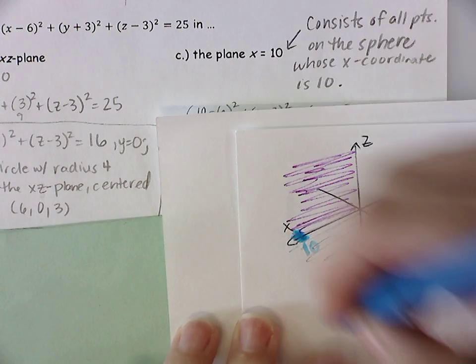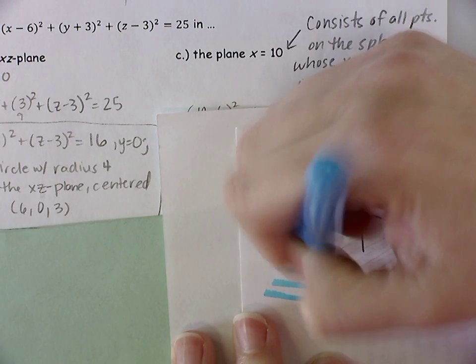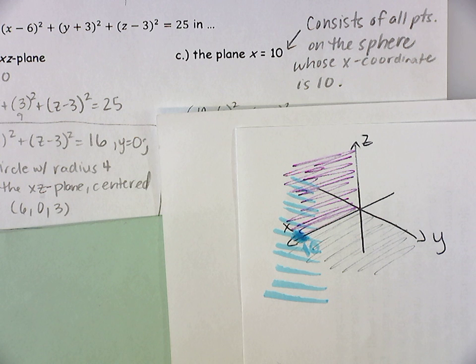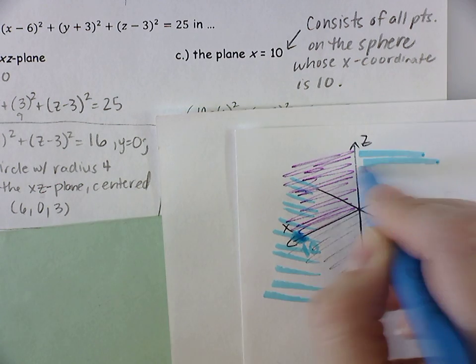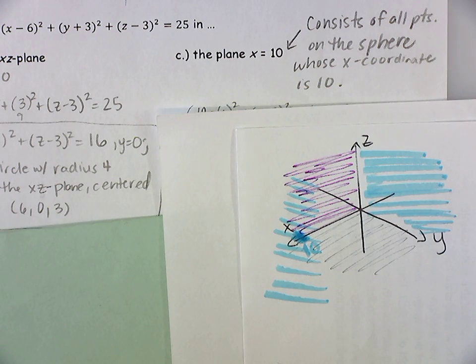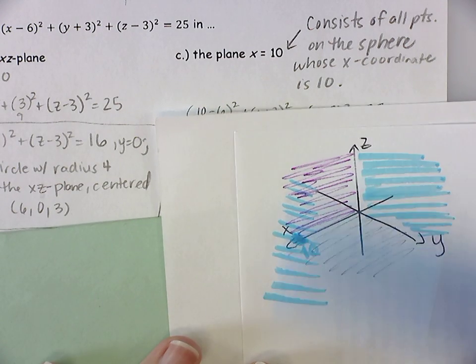Because it's all of these that are going to be 10, but it's going to be parallel to what plane? The YZ. Okay, so it's going to be parallel to this here. And it's all of the points that are going to contain the 10.